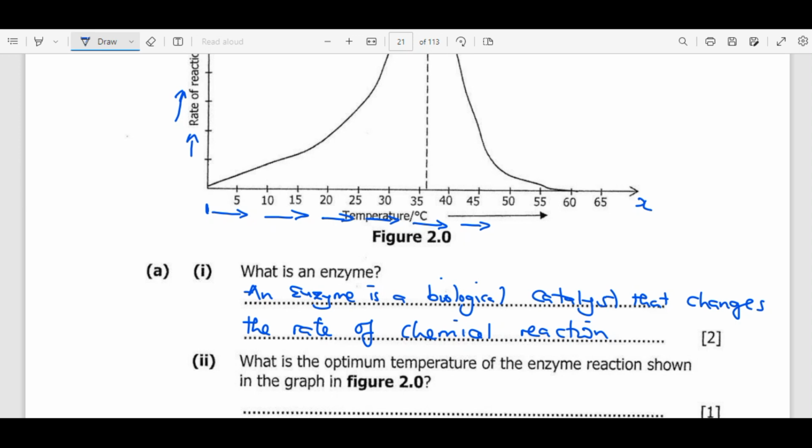So it is either the reaction will increase or will decrease. So there are 2 things. That is the work of the enzyme.